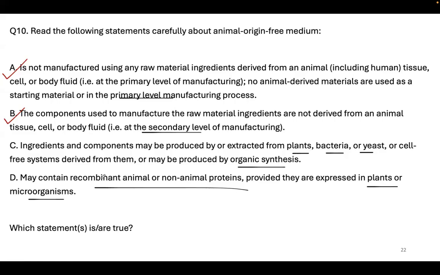And these could be recombinant materials, which are expressed in either of these organisms. So these are animal origin free, but these things are not animals. So they could be directly produced in that, or they could be transgenically expressed in these things. So all the four statements are true. Okay.